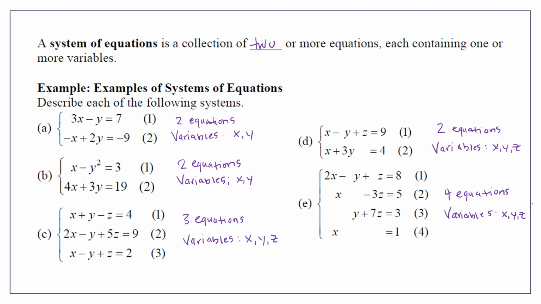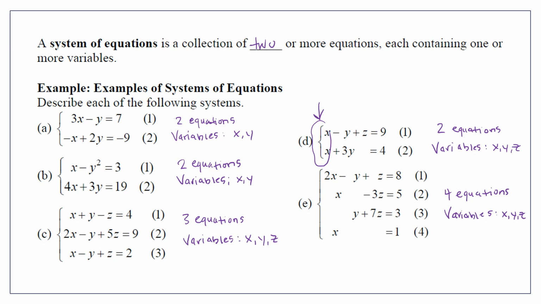So just to keep in mind moving forward, when you see a brace, that's usually used to show that we are working with a system of equations. So the brace is this little bracket here, okay, that usually signifies we're working with a system of equations.